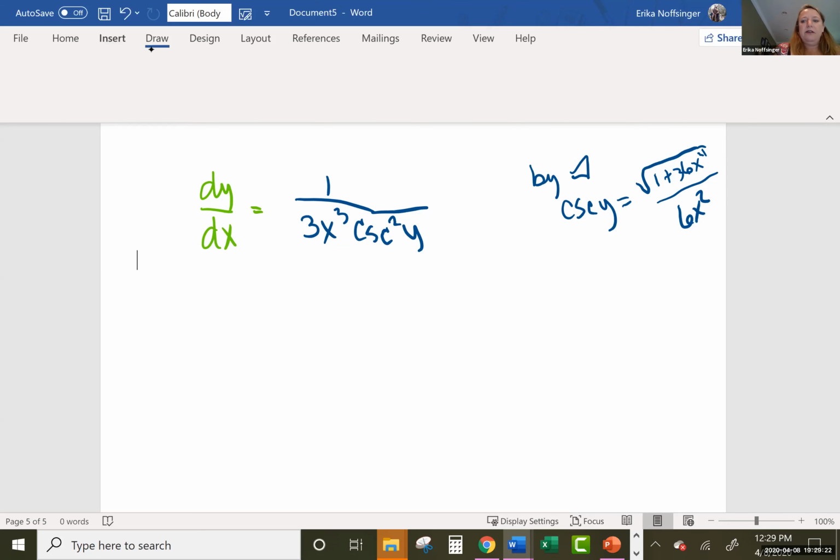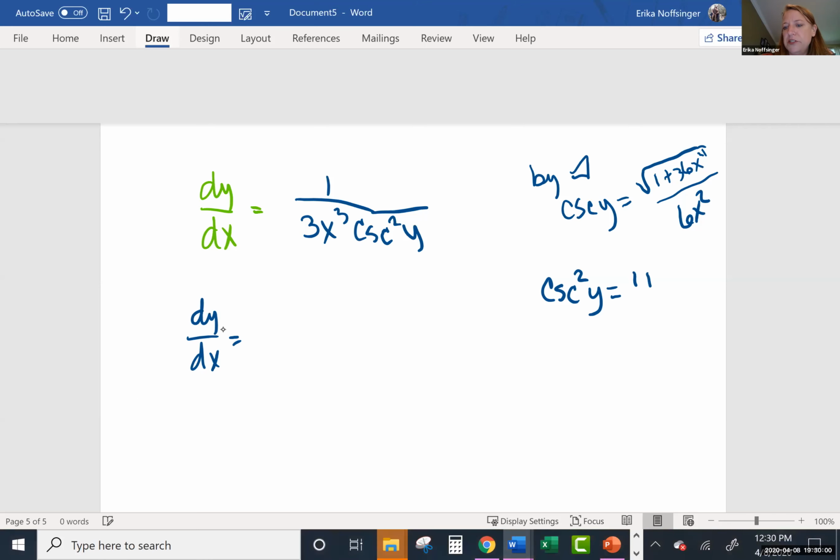So if we go in here and we replace what cosecant squared y is, well, that was just cosecant y. So let's actually square both sides so that we can figure out what cosecant squared y is. Okay, so squaring both sides, I have cosecant squared y is equal to, well, if I square the numerator, that's just going to cancel out my square root.